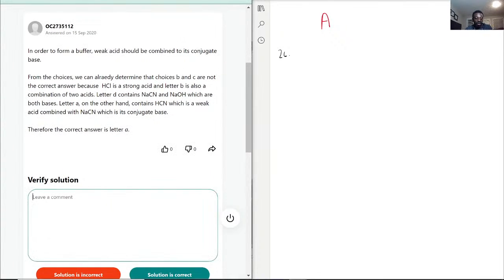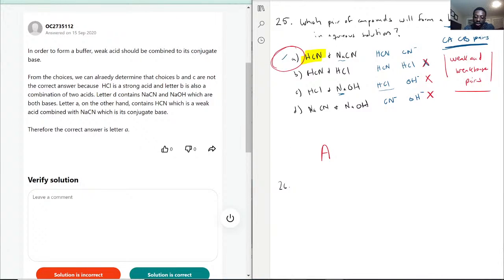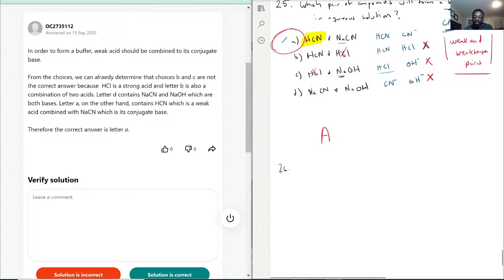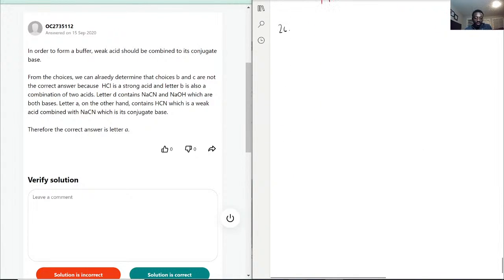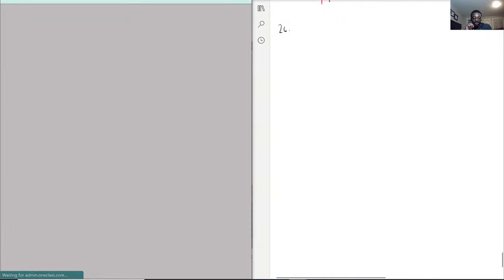So with that, they're able to cancel out B and C, because as you see here, anything that involves HCl is automatically out. So these two, strong acids can't form buffers. So with that, this is correct. And now let's move on to the next question. Question 26.